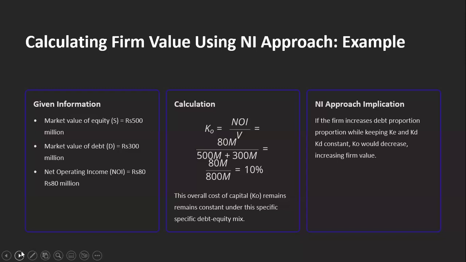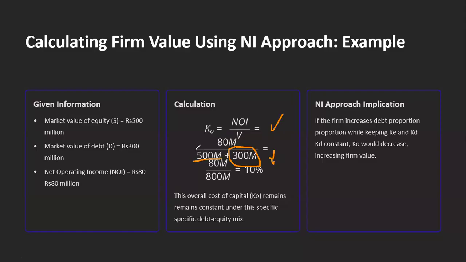In the reverse way, if my value of debt is more, I should focus on more debt because of the denominator: 80 divided by 300 plus 300, if it is 600, then the percentage will change. So, as per this, the cost of debt, which is lower, will be great.